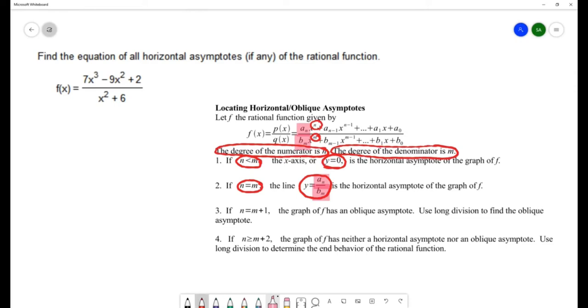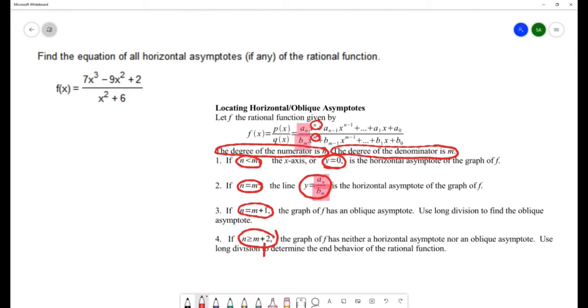And then you have some other cases where there is no horizontal asymptote. So in both of these cases, n is equal to 1 more than m. The degree of the numerator is 1 more than the degree of the denominator.